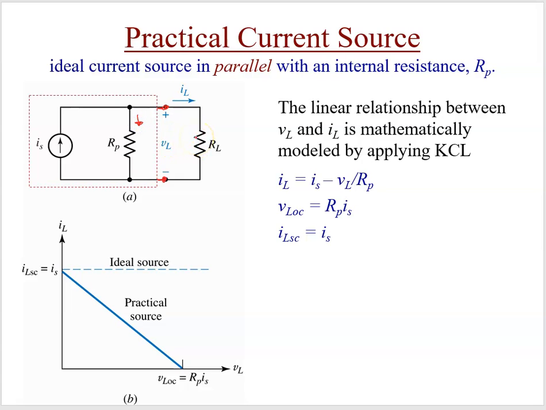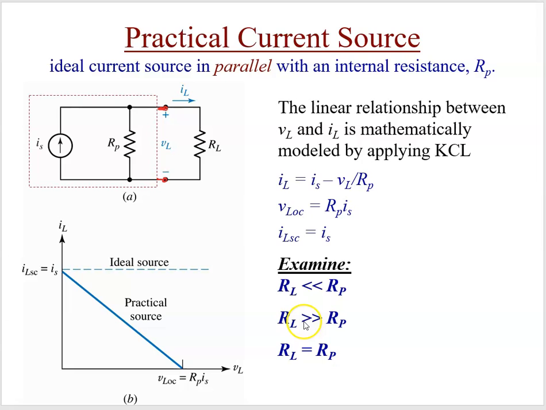So that's the dual actually of our practical voltage source. So if that load resistance is much less than this parallel resistance, well, current follows the path of least resistance. So if that load resistance is much less than the internal parallel resistance, then most of IS will go here, right? So for short circuit, all of it goes through RL.